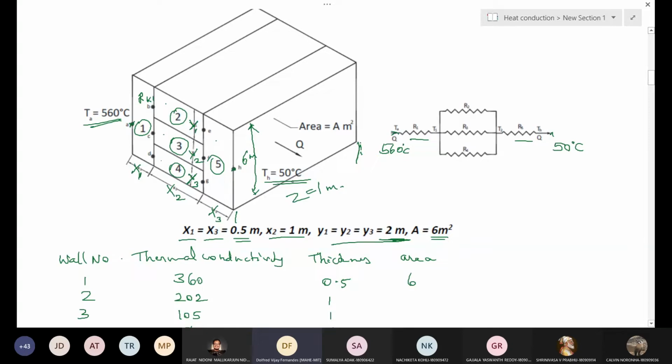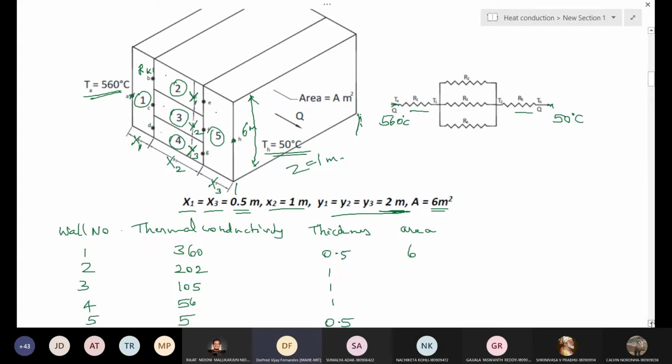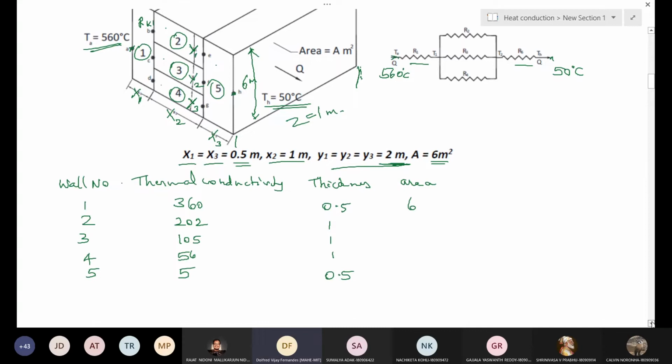If Z is 1 meter, then since y1 is 2 and Z is 1, for the second wall it is y1 into Z, that is 2 meter square. Similarly for 3 and 4. So 2 meter squared, 2 meter squared, 2 meter squared, and the last one is the complete wall.